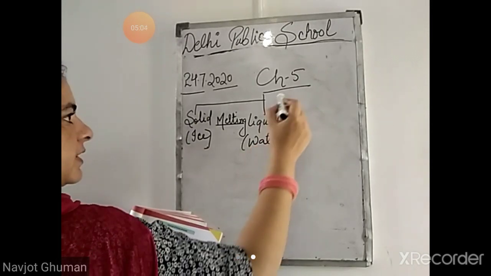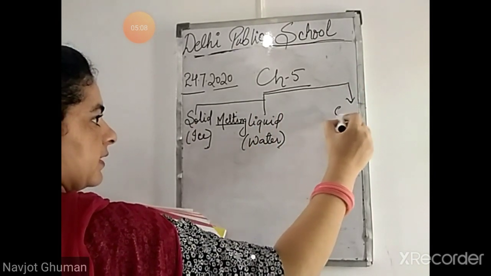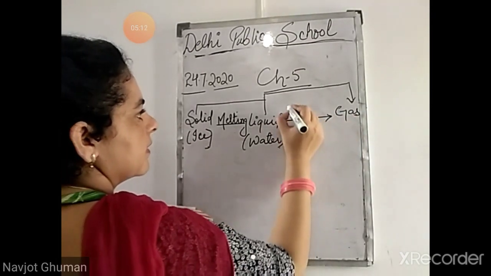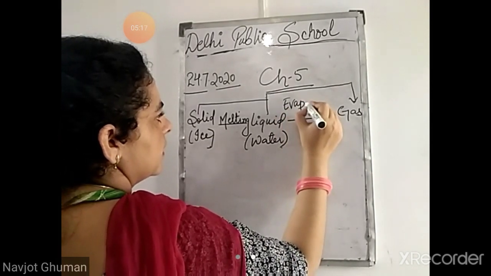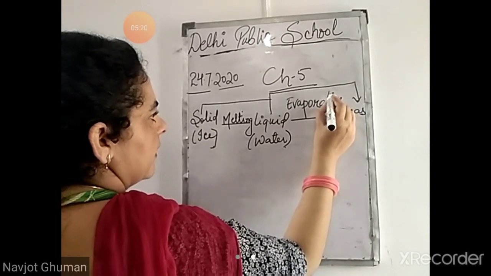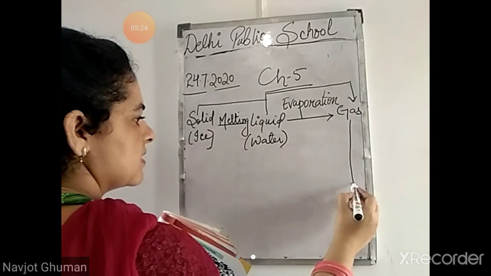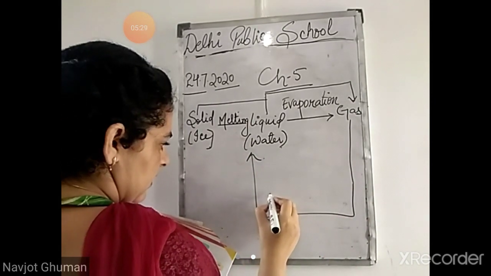Next, liquid, it changes into gaseous form, that is gas, by evaporation. E-V-A-P-O-R-A-T-I-O-N, evaporation. Gas changes into liquid by condensation.